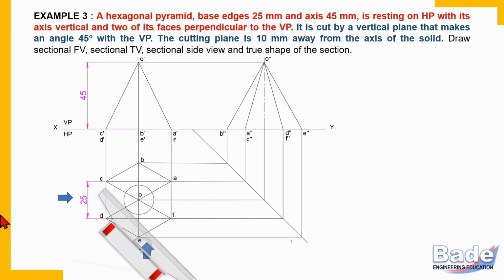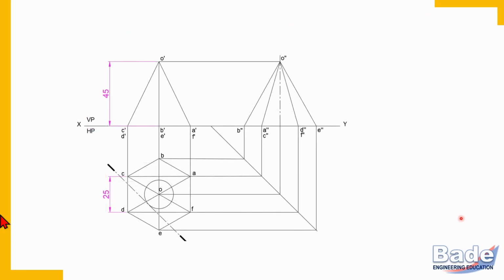Roll it to draw a line tangent to the circle. So this is how we have drawn a cutting line which is 10 millimeters away from the axis. It is like a chain line, longer dash, shorter dash, and the end dash is dark.